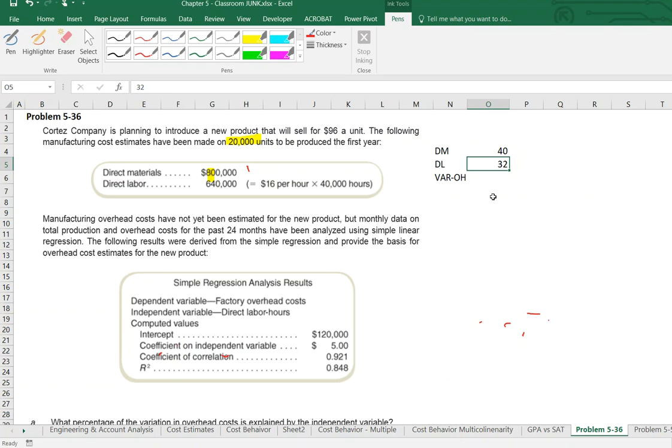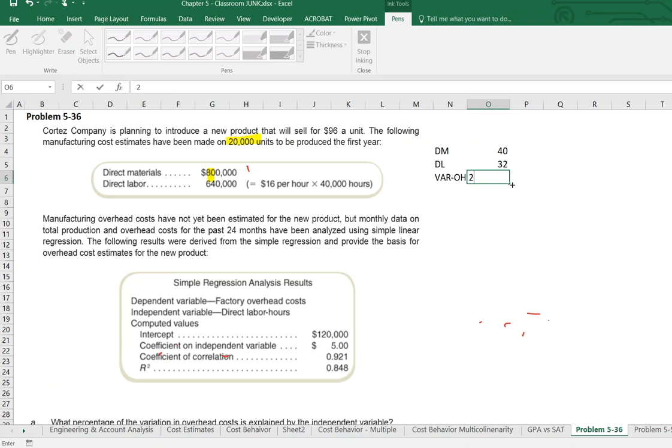Then we need to calculate our estimated variable overhead per unit. Recall, and we need to be careful here, it took us 40,000 hours to make these 20,000 units. So it's taking us 2 hours to produce every single unit.